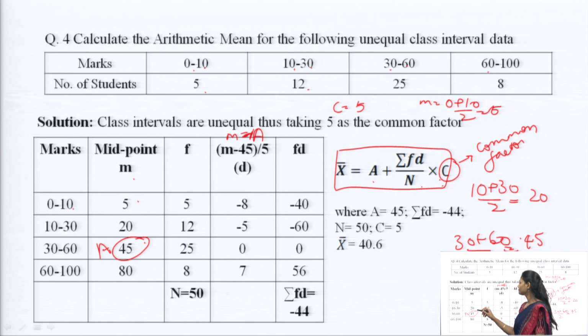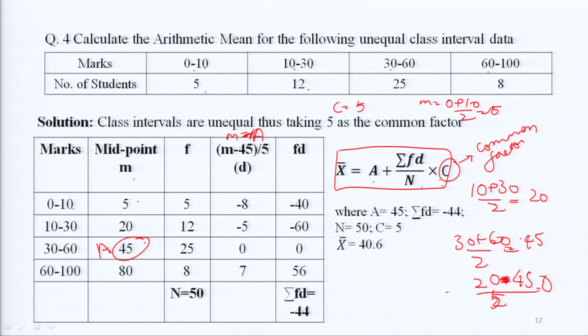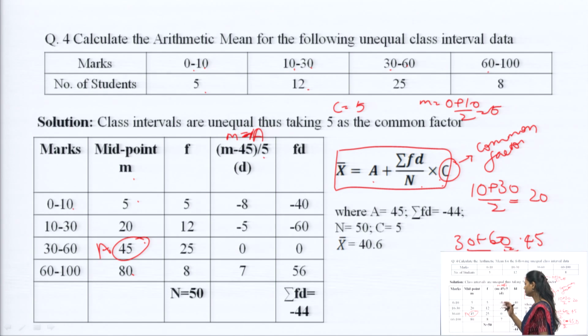In the same manner, 20 minus 45 divided by 5 gives minus 5. 45 minus 45 divided by 5 gives me 0. 80 minus 45 divided by 5 gives me 7.